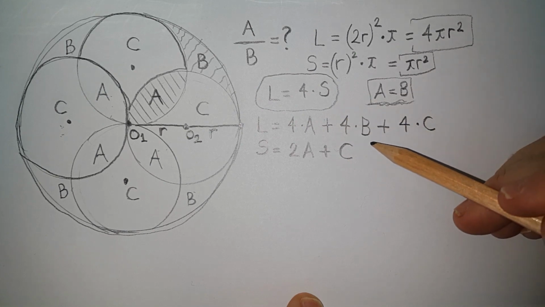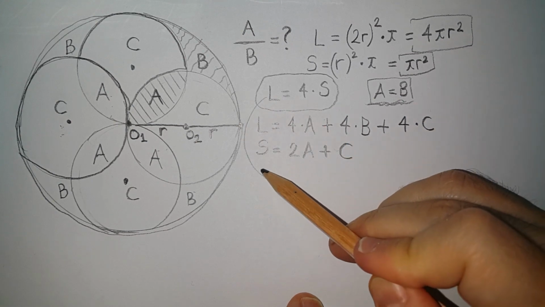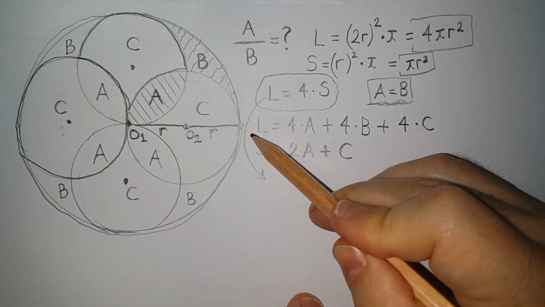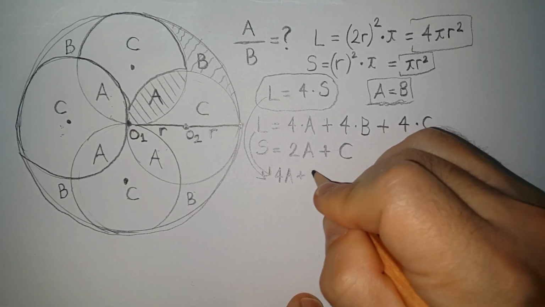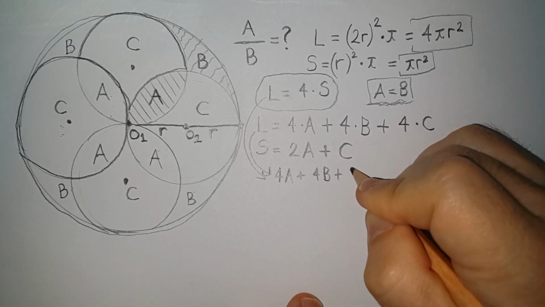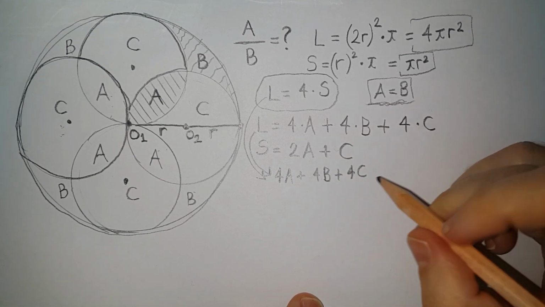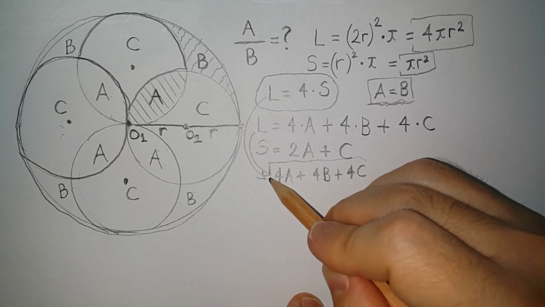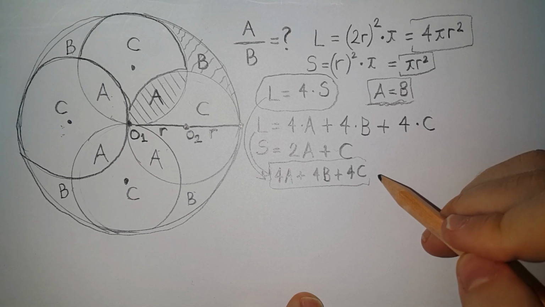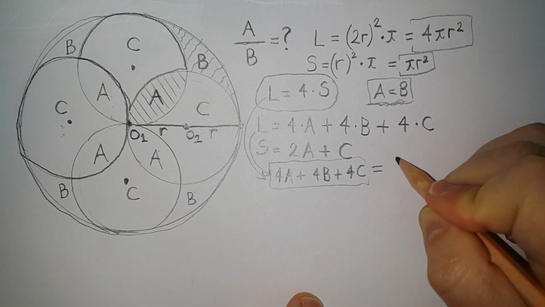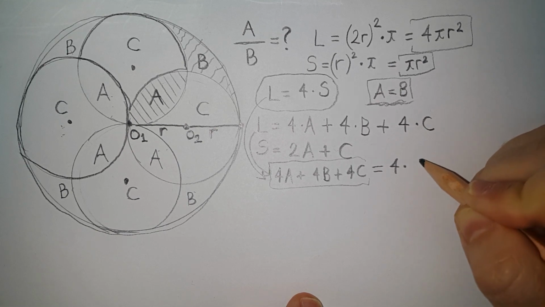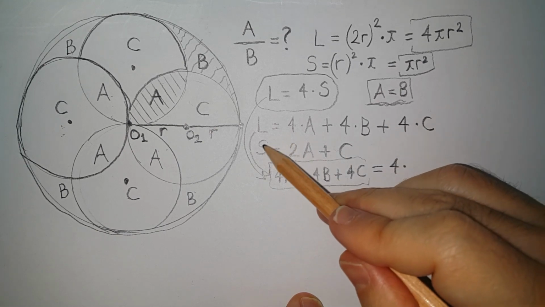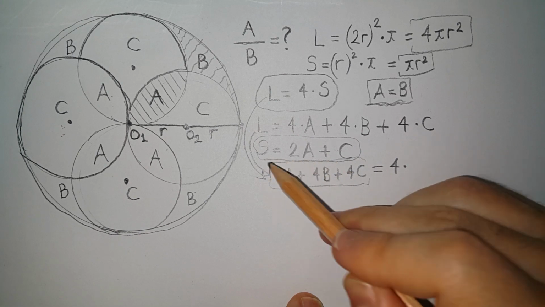Now let's combine all of these equations together. First we're going to write down L. We know that L equals 4a plus 4b plus 4c. This is L over here, the area of the large circle, and we know that it equals 4 times the area of each small circle. So we also know that the area of one small circle equals this over here.